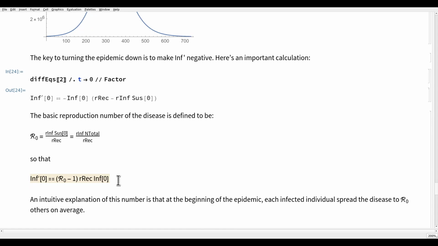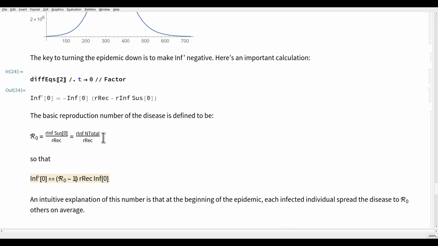If you work it out, rInf and rRec are dimensionless, and in total is a population count, so the units of r0 are population count. What this number means is at the beginning of the epidemic, each individual spreads the disease to r0 susceptible individuals on average.